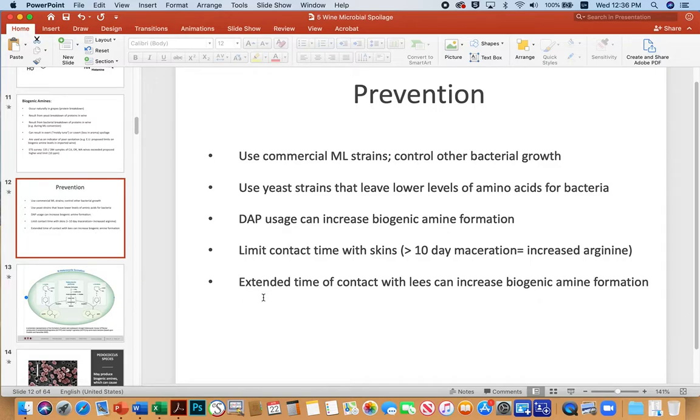The other issue is extended contact time with lees, and that can certainly increase biogenic amine formation. One of the reasons for that is that we know that lees is basically just a bunch of dead yeast that are releasing sugars and amino acids and fatty acids. And obviously it's a good thing, right?